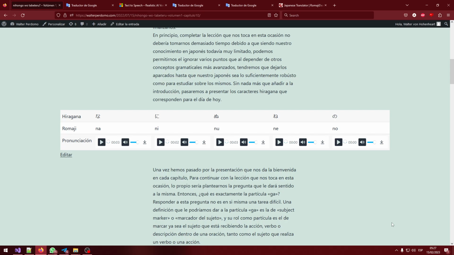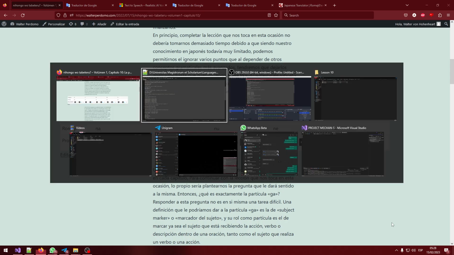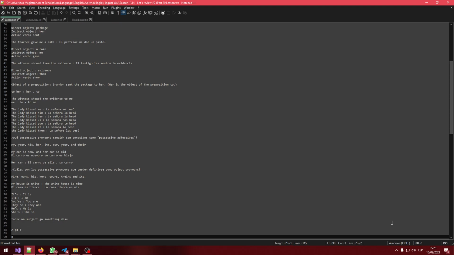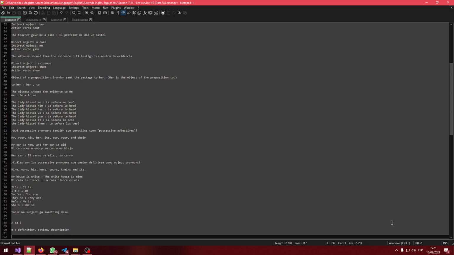So maybe we say something about, let's say, A ga B. So maybe we are describing A doing an action, or we are defining something, a property, an attribute about A. So B can be a verb, a definition, a description, whatever about A.